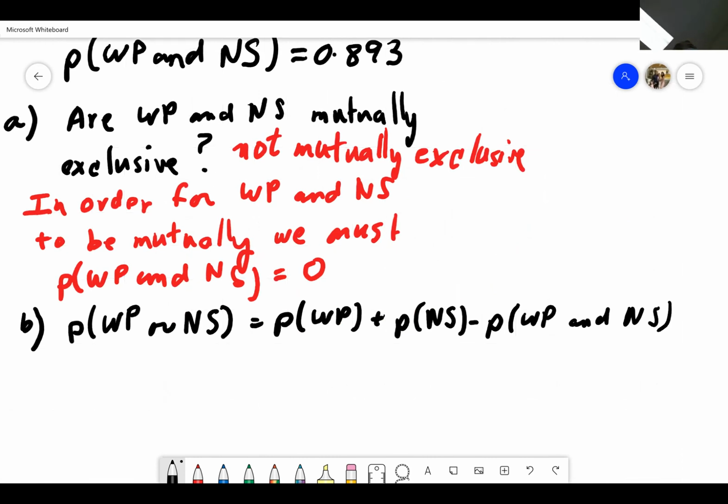The probability of WP is 0.96, and the probability of NS is 0.93. Then we subtract their intersection, their overlap, which is 0.893.